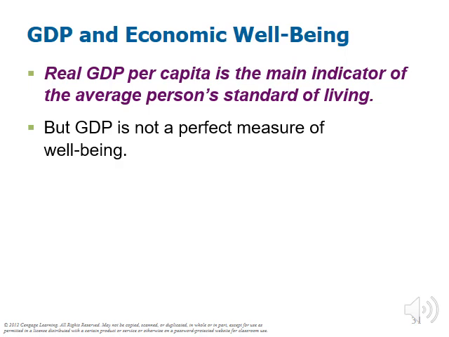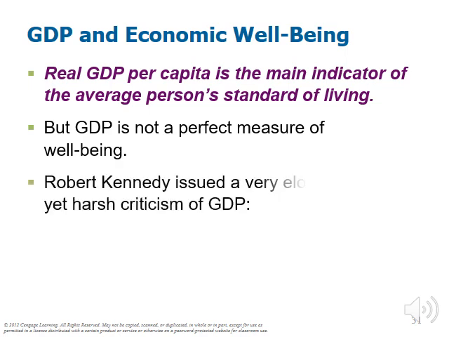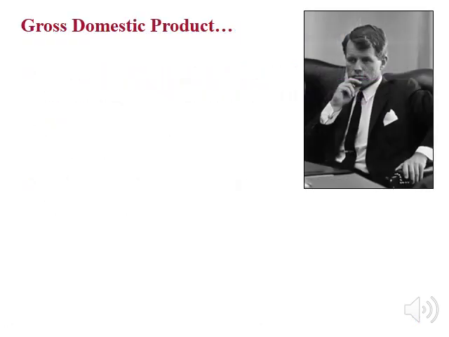Robert Kennedy is essentially saying that the test for good policy should include GDP, but certainly not be limited to GDP, because the well-being of society includes GDP, but is not exhaustively calculated by GDP. Let's look at what Robert Kennedy said.